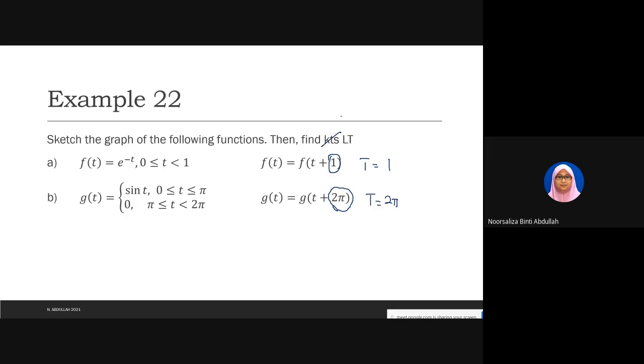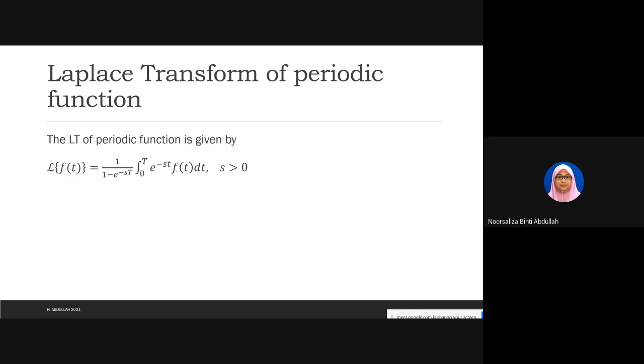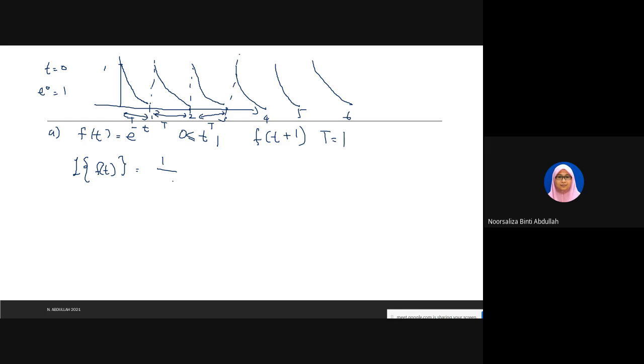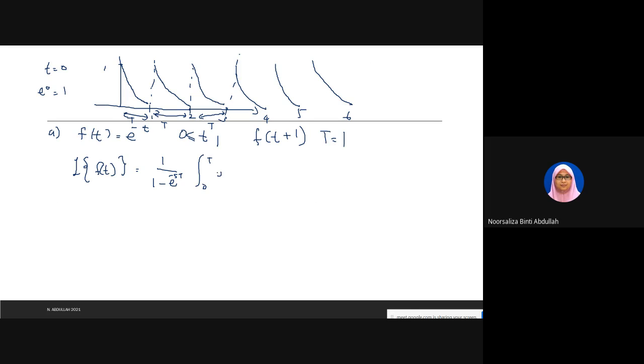So Laplace for F(t) will be equals to 1 over 1 minus exponent minus sT besar, and then you integrate between 0 to T, exponent minus st F(t) dt.